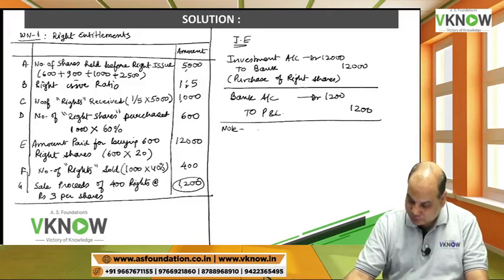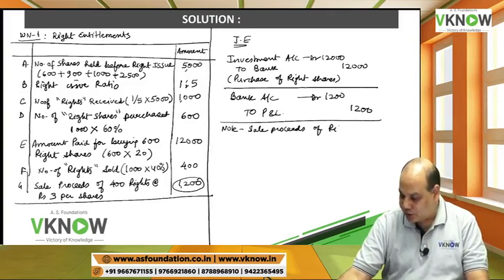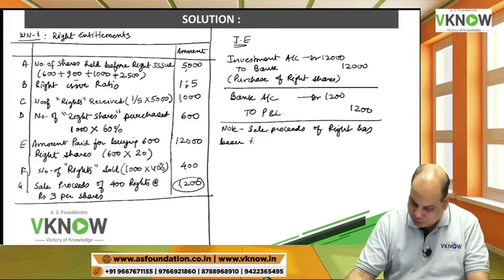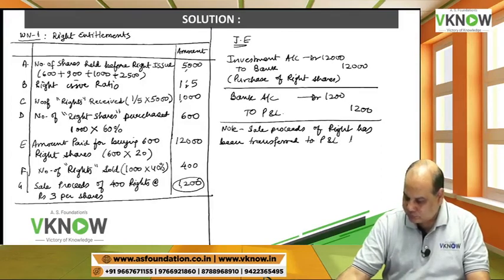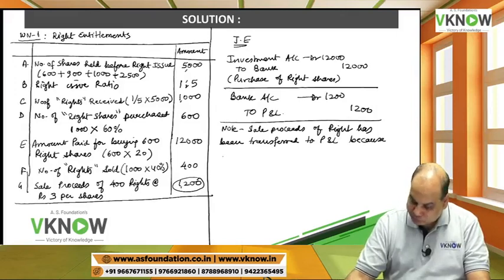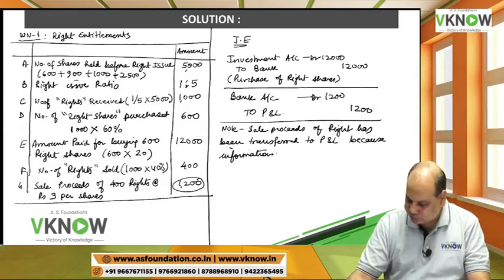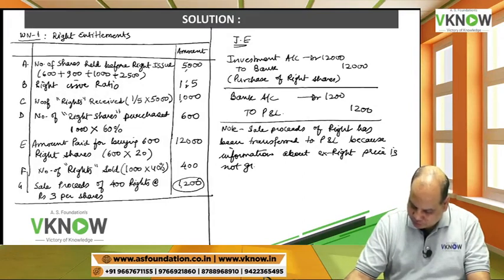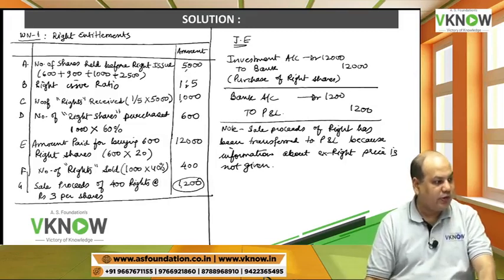So note: sale proceeds of right has been transferred to P&L account, write in good handwriting, because information about ex right price is not given.